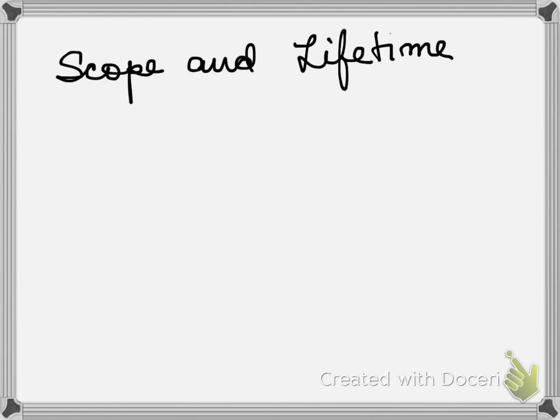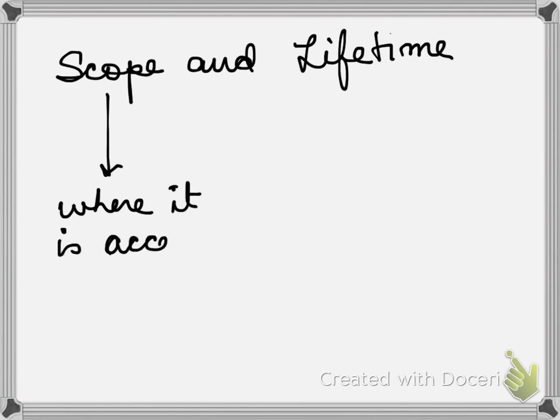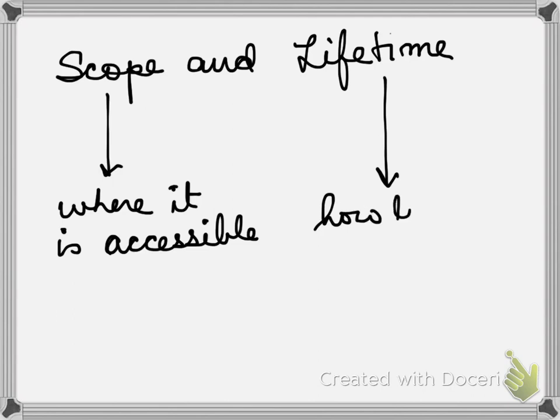The scope of a variable determines where in the program it will be accessible, whereas lifetime will tell you how long the variable will exist in memory.